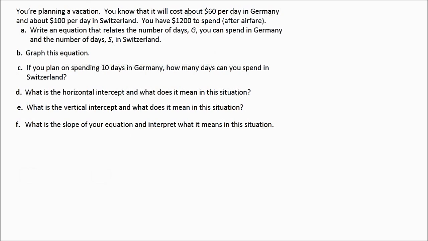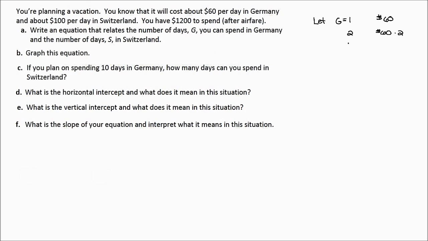So if I know it costs me $60 for every single day in Germany, let's talk about this. If I spent 1 day in Germany, so let's let G equal 1, then the amount of money we would have spent is $60. If we were to spend 2 days in Germany, that costs us $120. I'm going to write that as 60 times 2.